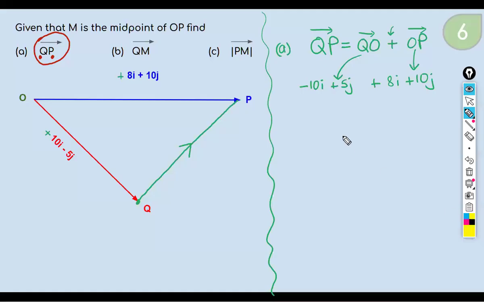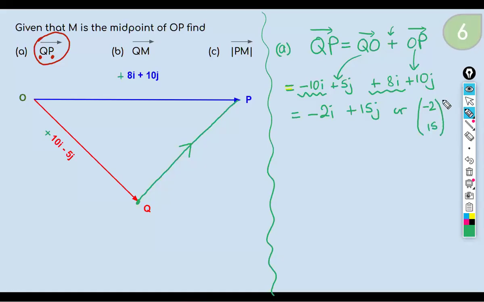All we need to do is simplify this, and we're good to go. Add up all the i's: minus 10i plus 8i is minus 2i, 5j plus 10j is 15j, or you can write it in the fancy form, minus 2 on top and 15.